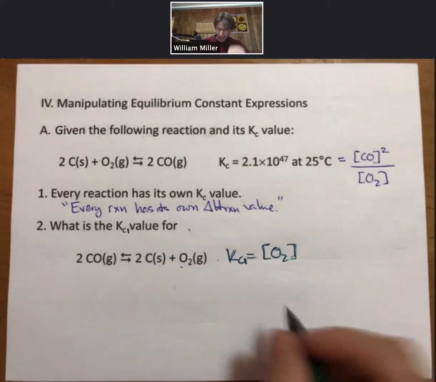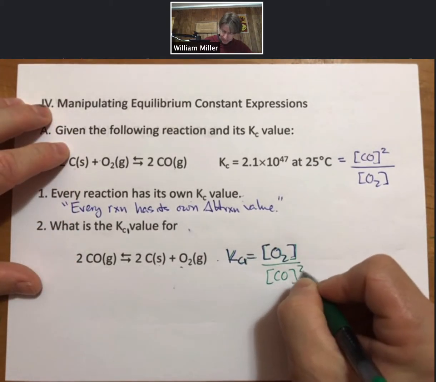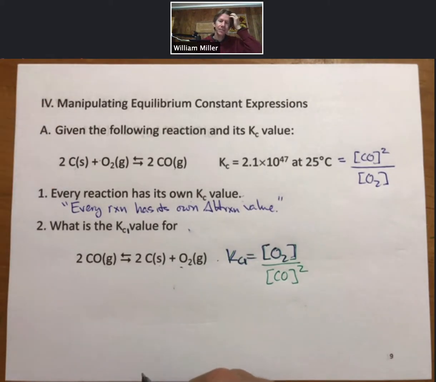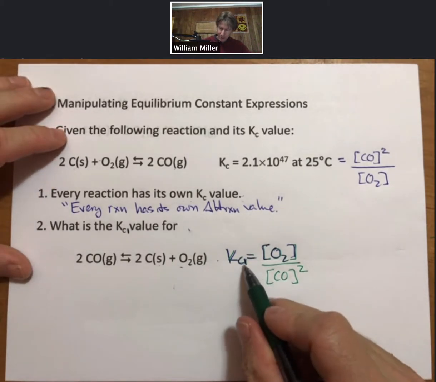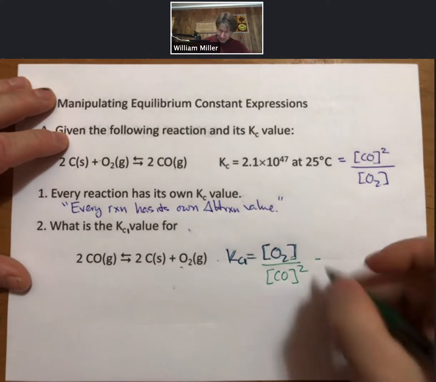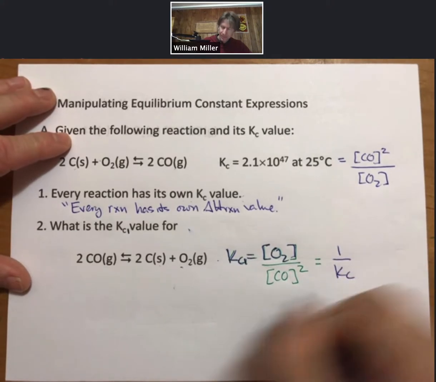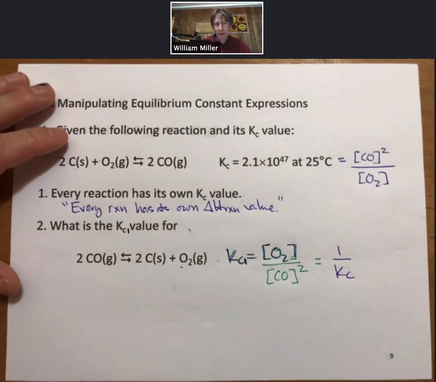There. And our denominator has CO squared. And so we can see that the relationship between Kc and Kc1 is a reciprocal relationship.